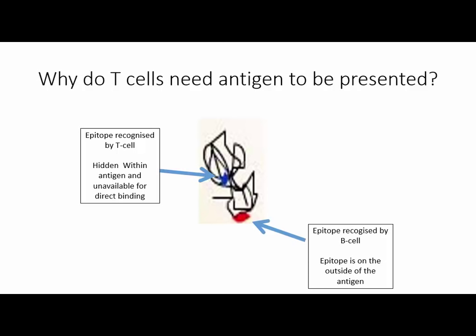it's accessible. Now if we take a step to the side, in order for the T cell to recognize its epitope, it's trying to reach the blue epitope. Now you can see it's going to be very hard for the T cell receptor to directly get access to that epitope. And that's one of the reasons why a T cell is going to need the antigen to be broken down, because its T cell receptor simply can't get at the epitope that it needs.